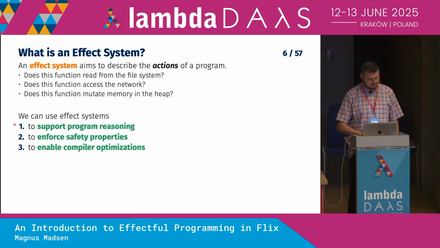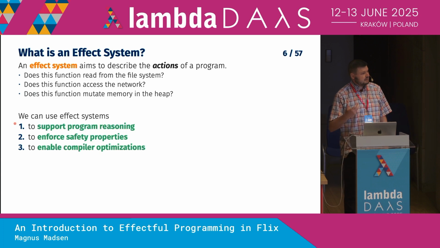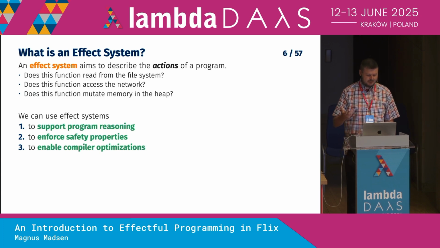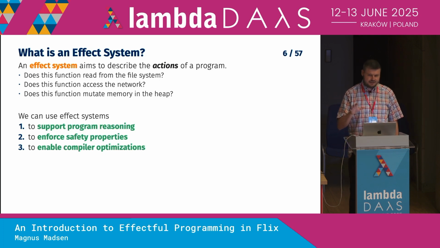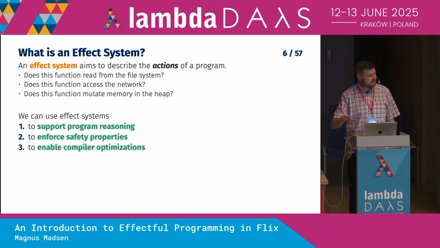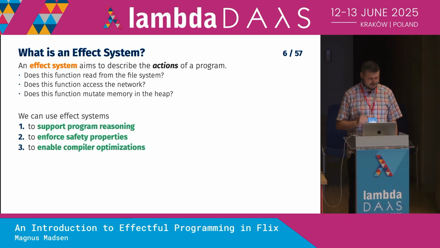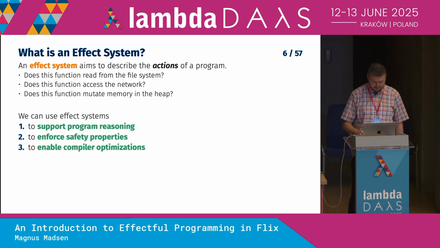Well, first of all, if we know the effects of a function, that can help us understand how the program is behaving. Second, maybe there are certain effects that shouldn't be allowed at certain places in the program. And so we can use the effect system to say those are forbidden here, and so get more static guarantees. Finally, if the compiler knows something about the effect behavior of the program, it enables compiler optimizations. So those are three reasons to care about effect systems.